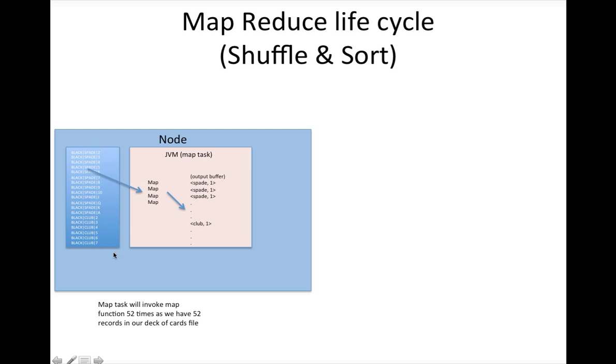And as part of our map task, we have the logic to transform our data to tuples like this, so that we can do the count downstream. I'm talking about our second or third program, which will do card count by suit, and the output of the mapper will look like this.